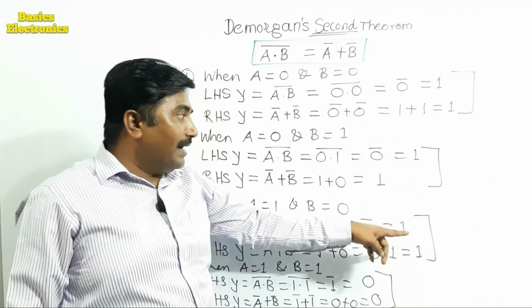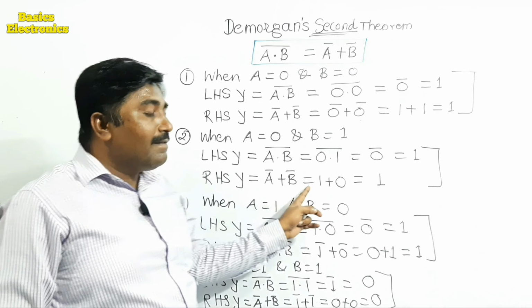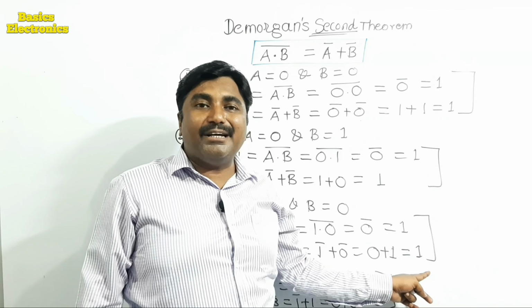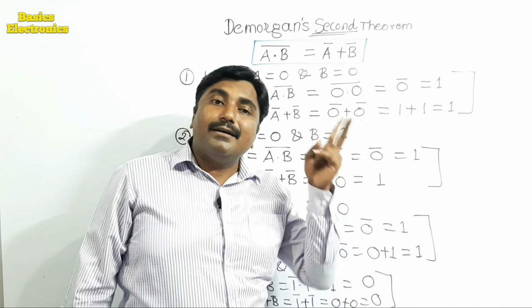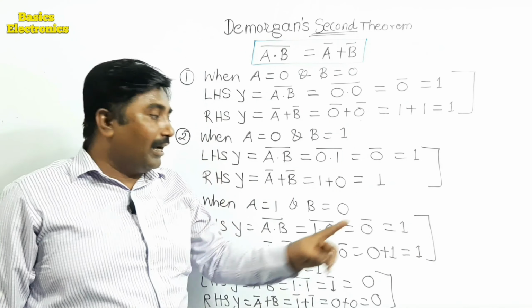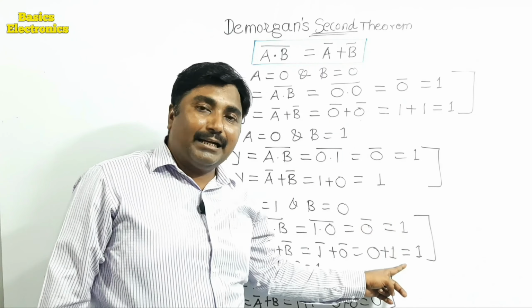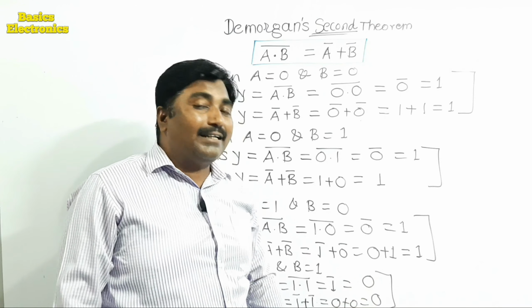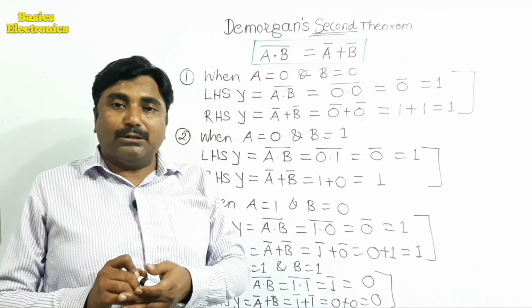Then in the third combination, A is equal to 1, B is equal to 0; we got the left hand side output y equal to 1 and the right hand side output y equal to 1. Both are equal. Then the fourth and last combination we assign is A equal to 1 and B equal to 1. We got the output y: left hand side is equal to 0 and right hand side is also equal to 0.